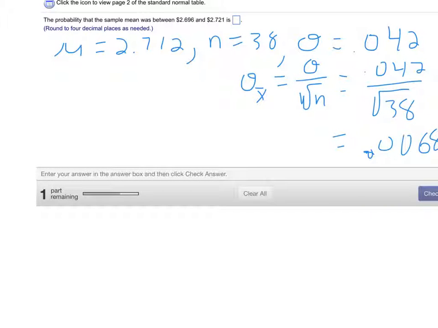So the two prices of gas are $2.696 and the other one was 2.721. So we want to find the price of gas between those two. Well, what you have to do is find the z-scores for these.